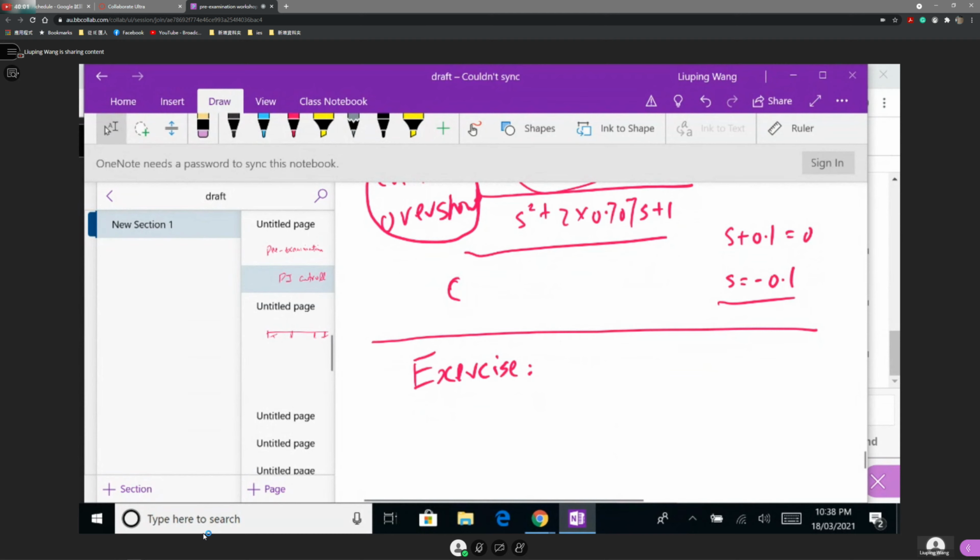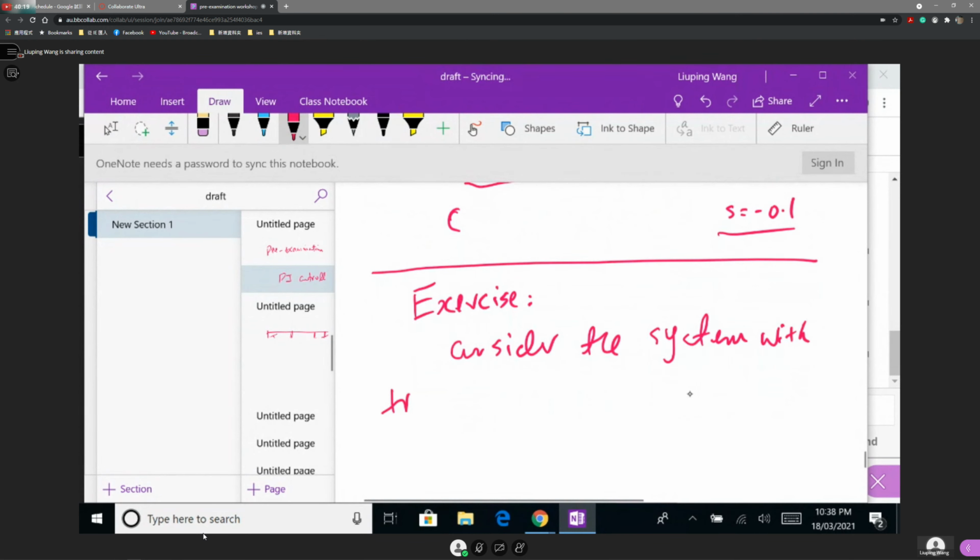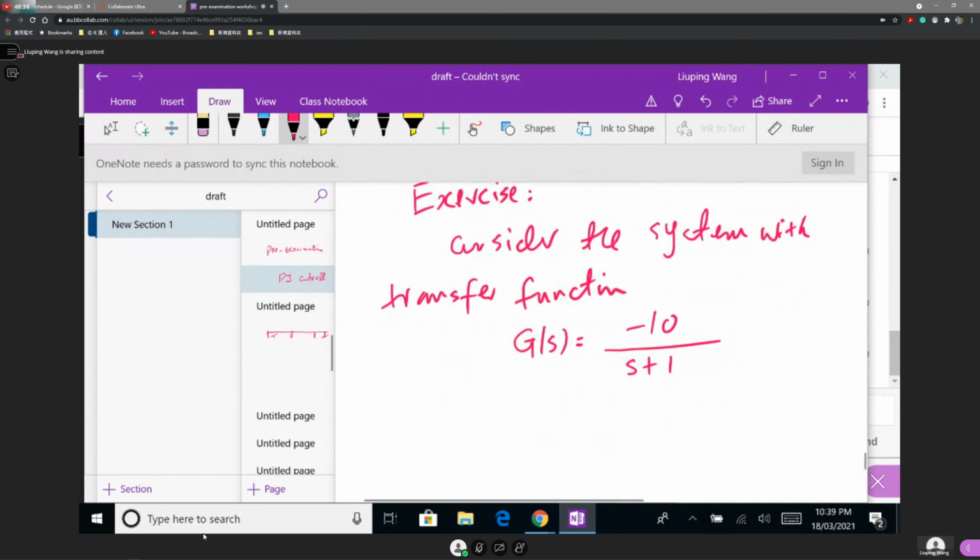Okay, so let's design a PI controller. Let's consider the transfer function g of s equal to minus 10 s plus 1.